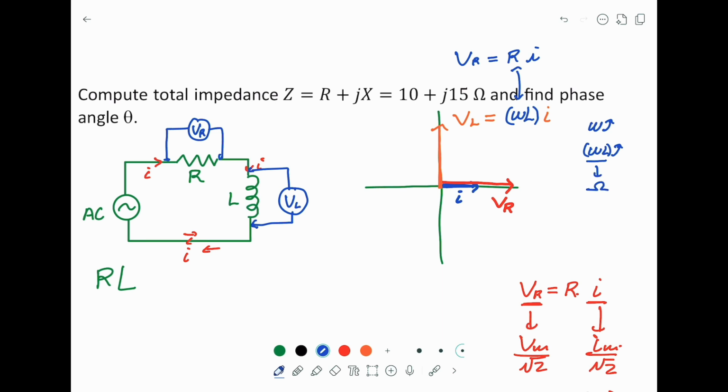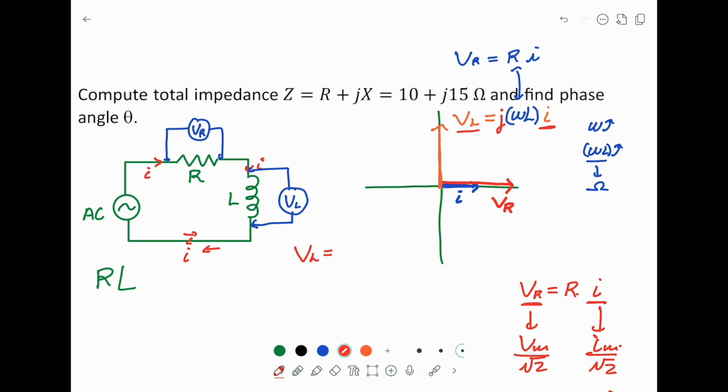We have to express or tell people VL is 90 degrees ahead of I. So how to express? Therefore, we write this one as j. Now we rewrite everything. We'll say VL is equal to j.